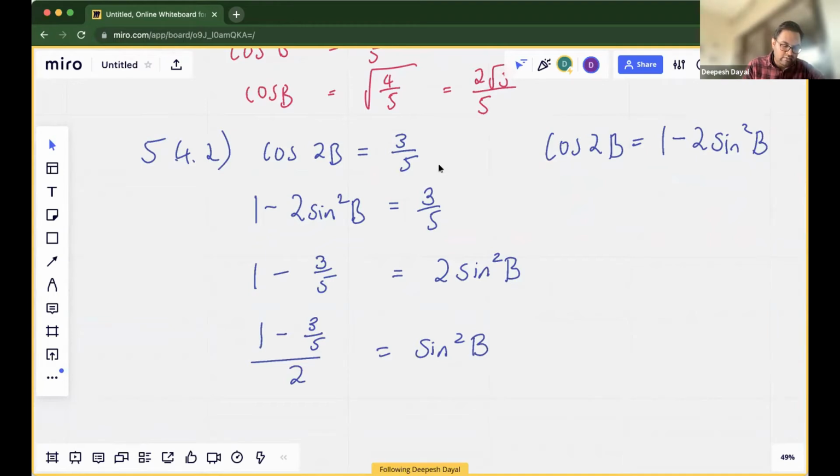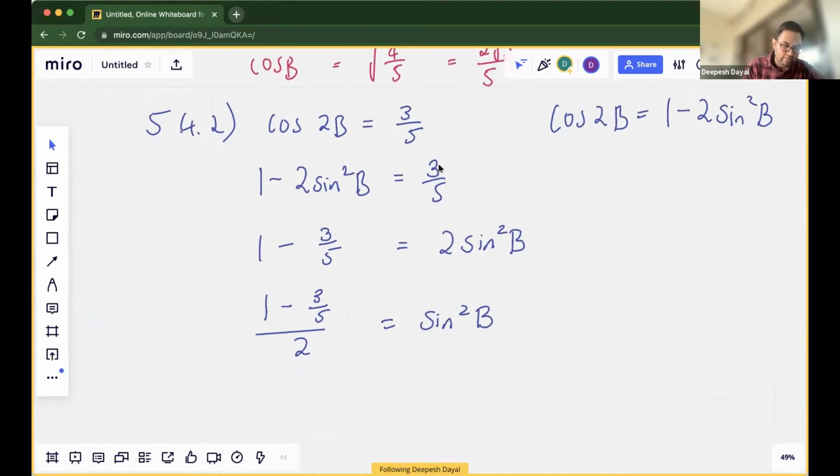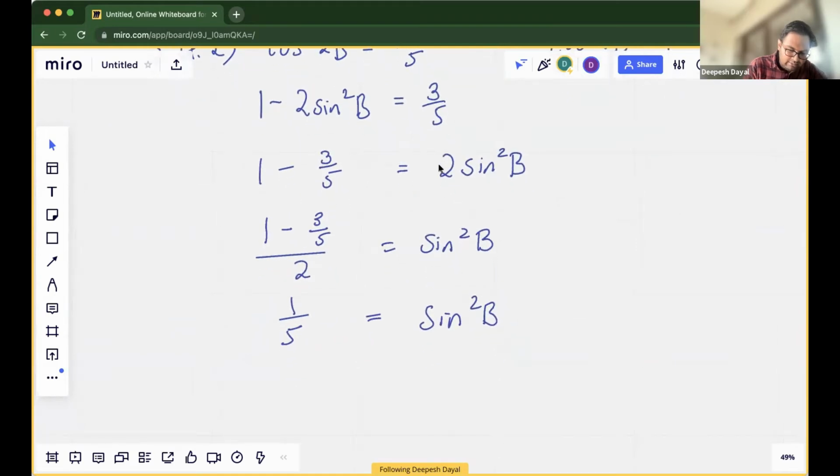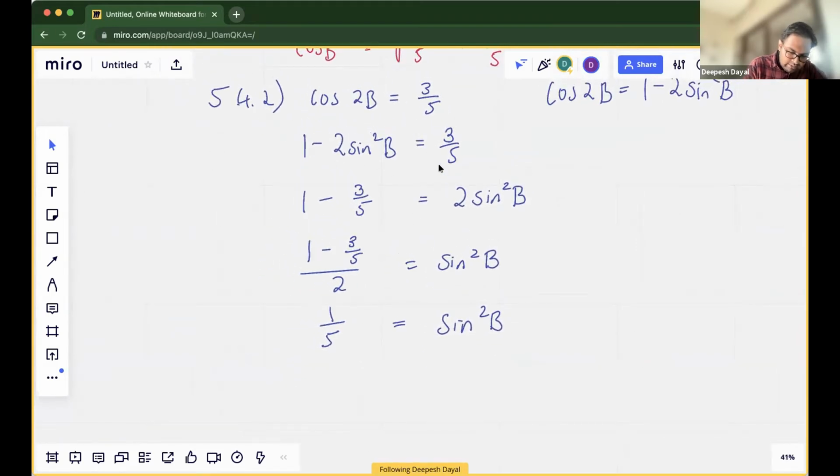And 1 minus 3/5 divided by 2, I believe, is 1/5. Yes, 1/5 equals sine squared b. And then we square root this to get sine b on its own. So sine b would equal the square root of 1/5, which will then be either 1 over square root 5 or square root 5 over 5.